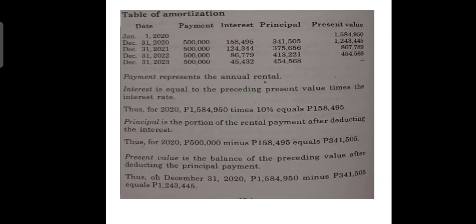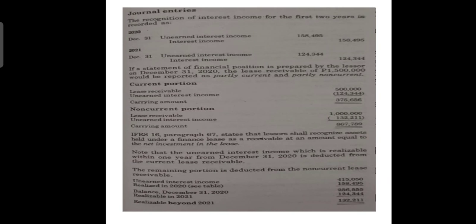Thus, on December 31, 2020, 1,584,950 pesos minus 341,505 pesos equals 1,243,445 pesos. And you can see that in the present value on December 31, 2020. And you can see the journal entries here.